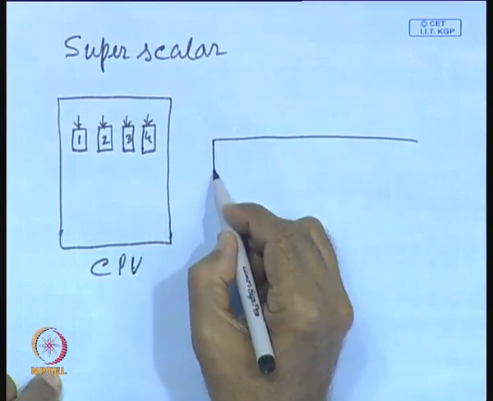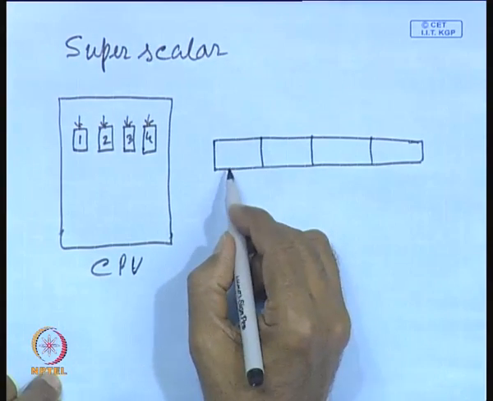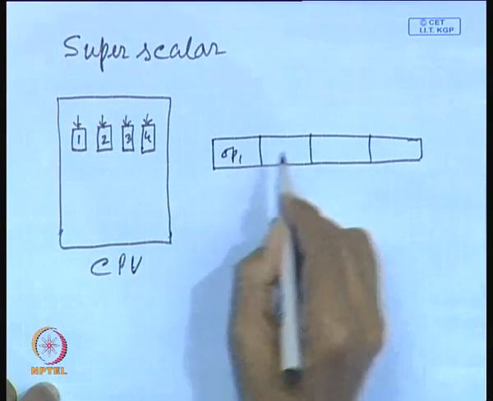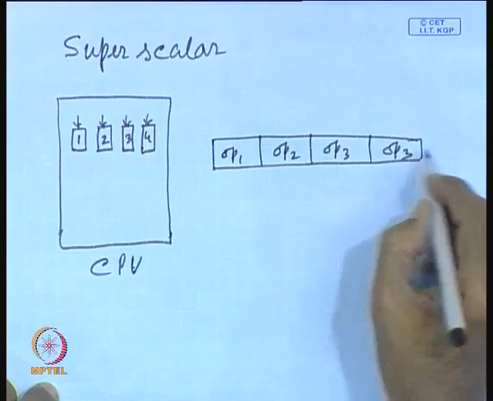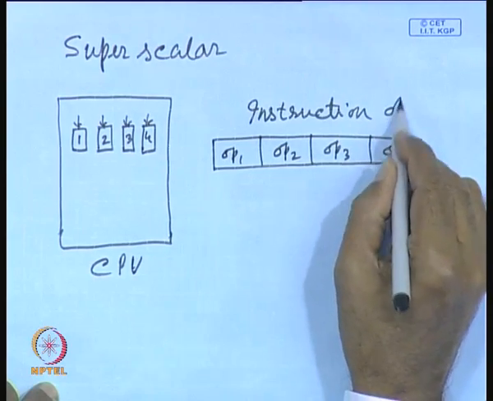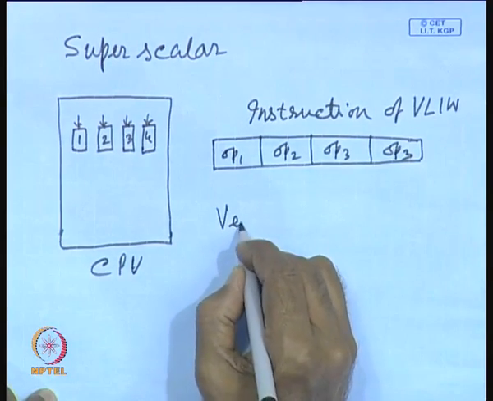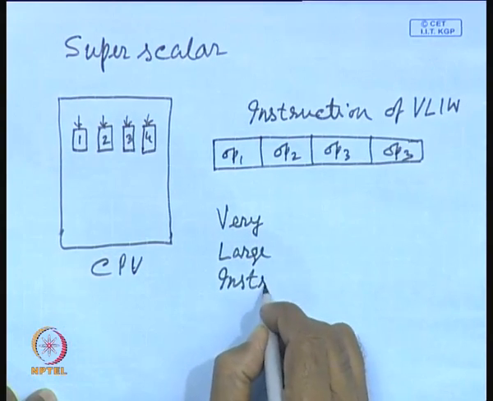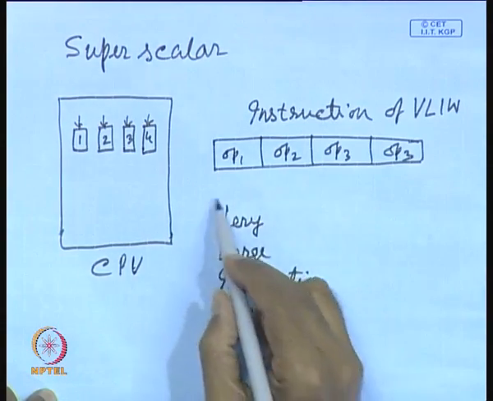Say a single instruction may have say 4 or 5 fields, and each field will correspond to one simple micro operation. Say this is one operation, this is another operation, this is another operation, this is another operation. So, this is a single instruction of a VLIW, which stands for very large instruction word. So, why is it very large?